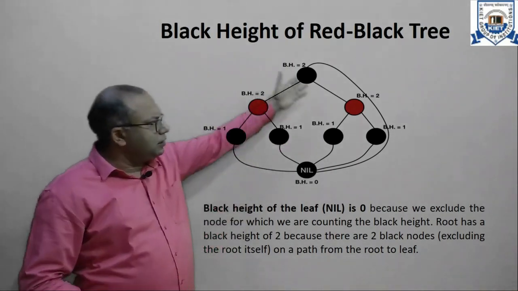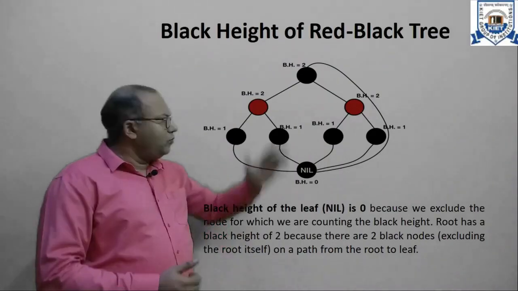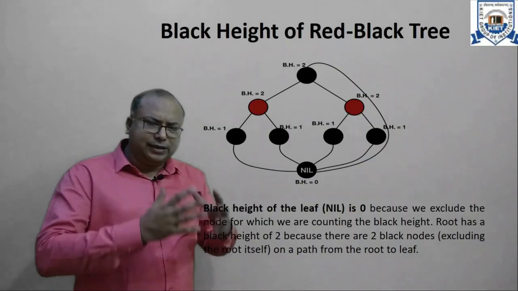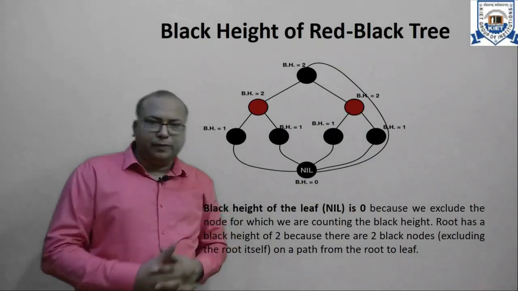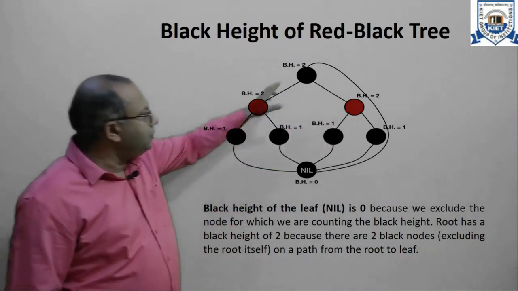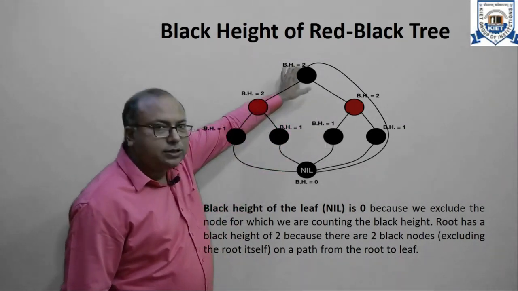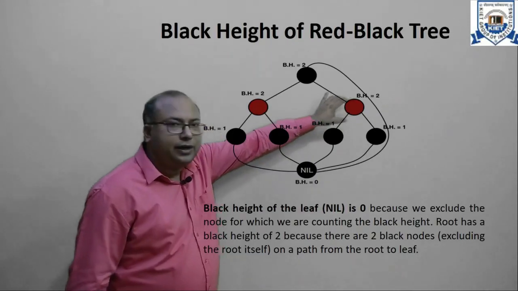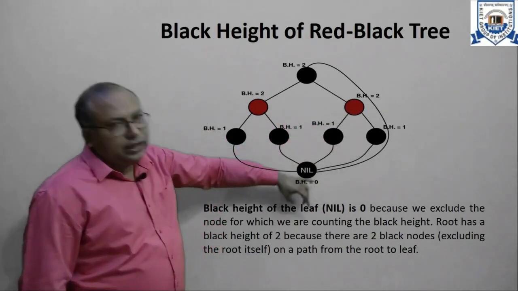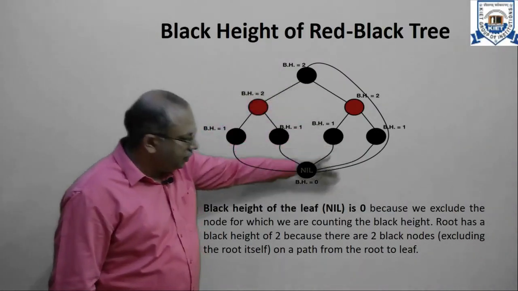Let us consider some other path from root to leaf, and see whether the black height still remains 2 or it may change. Now let us come from the right hand side. The black node is there, the right node is red, and then again a black node, and then leaf nil black. So how many black nodes are coming? 2 black nodes.